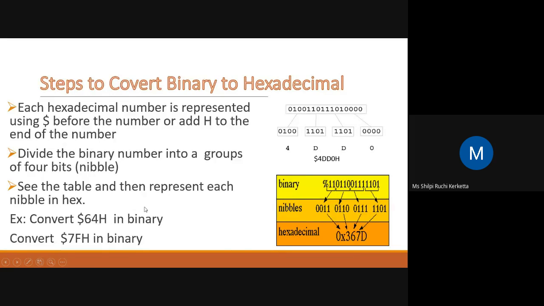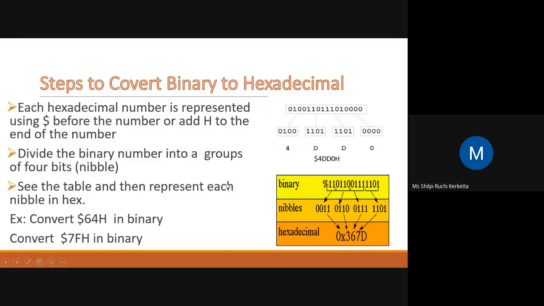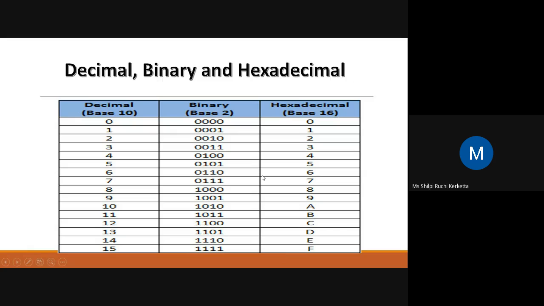So, by seeing the table, you can easily convert this hexadecimal number to a binary number. But from this table, you can even convert hexadecimal to decimal, but it is a little bit tough, because hexadecimal is base 16 and decimal is base 10. So the values will be a little bit different. Like here it looks similar, but it is not.